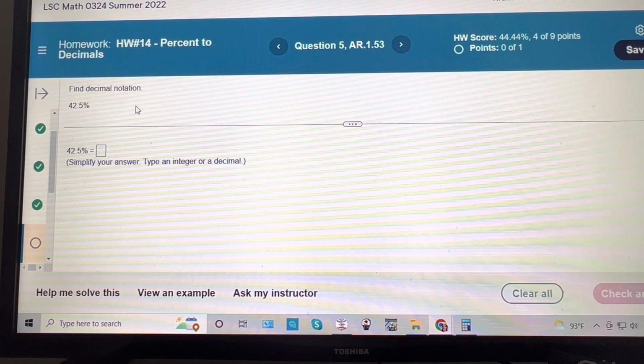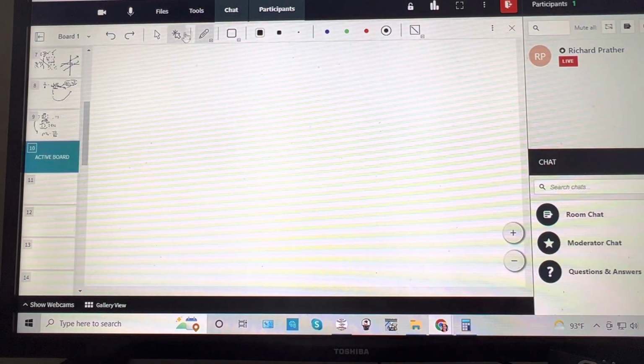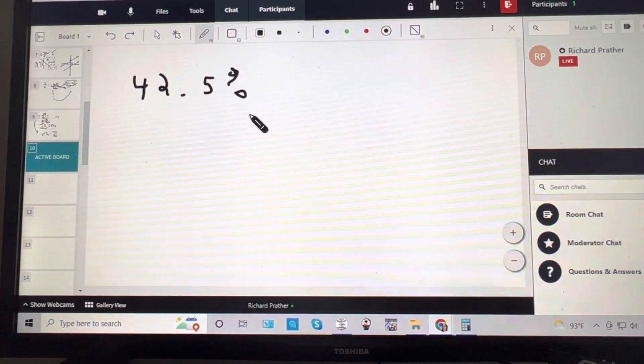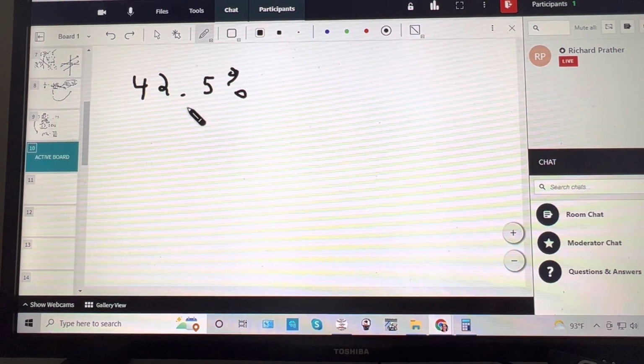So find the decimal notation of 42.5%, 2 ways to do it. 42.5%, it already has a decimal in it. If it doesn't have a decimal, put it at the end. When the decimal's already there, to go to a decimal version of this, you go 2 to the left. 0.425 is a decimal version.